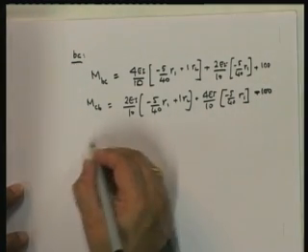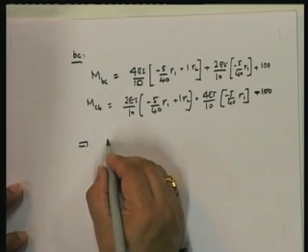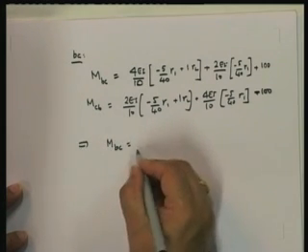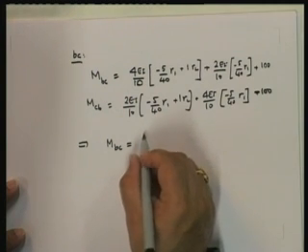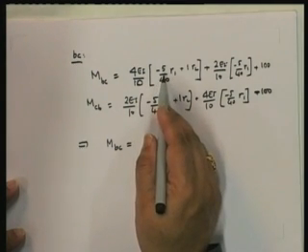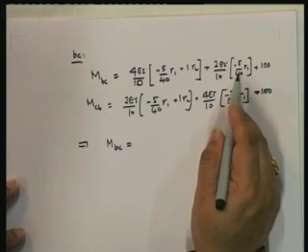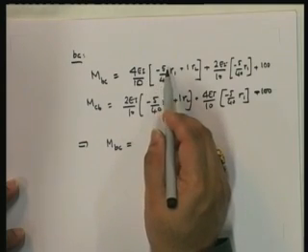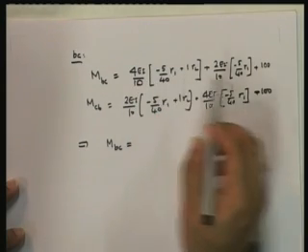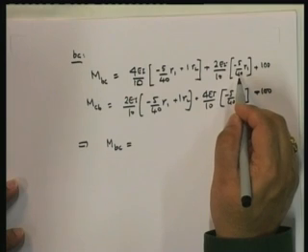So this then implies that MBC is equal to minus 5 by 100 and then minus 5 by 200. 5 by 100 is 1 upon 20, 1 upon 20, and this is 1 upon 40.